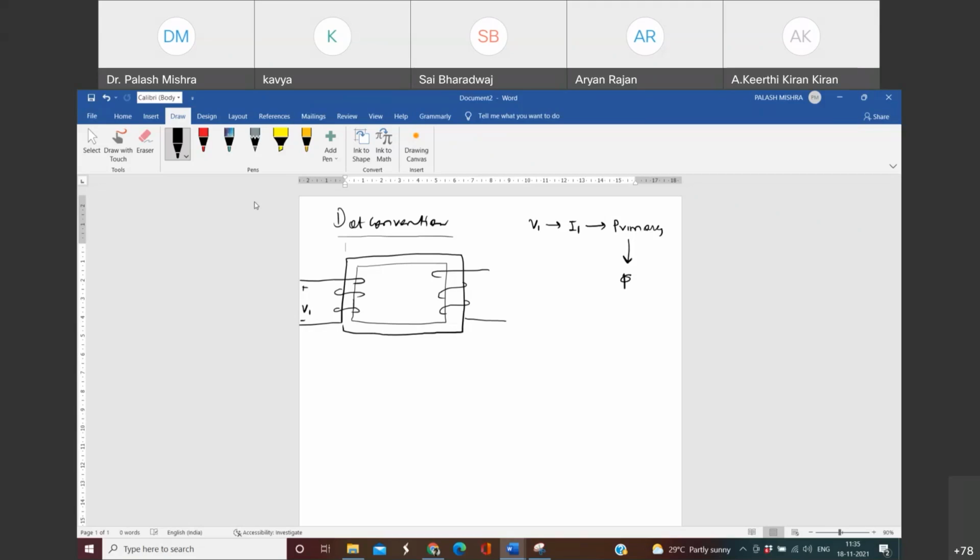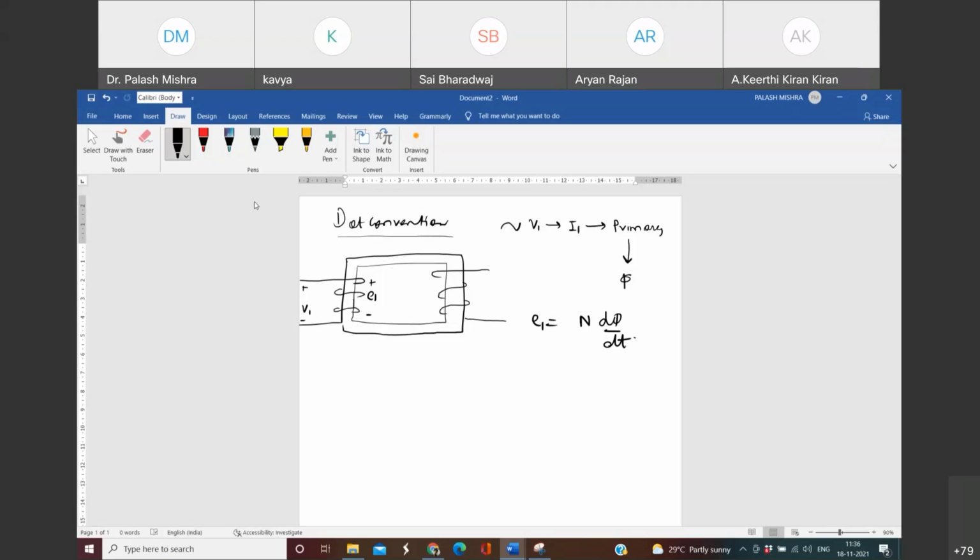And what is the value of the induced EMF on the transformer primary side? You must have read this in your first year: if a time varying voltage is applied in a closed circuit, there will be an induced EMF. That induced EMF is given by E1, and E1 is N times d phi by dt.